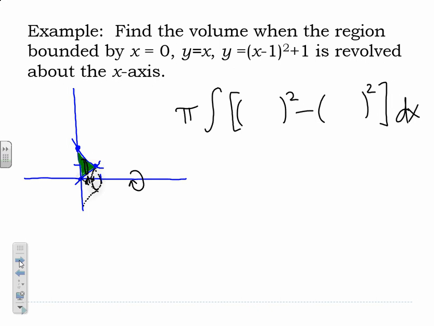Our largest radius is here, our top function, which is what? And then our inner function, or our inner radius, is just whatever our bottom function is.